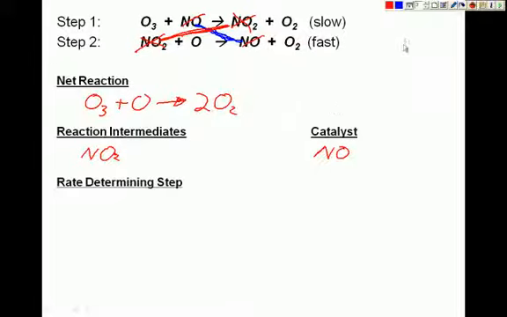Anytime your line goes in this direction, this is called a reaction intermediate. Anytime your line goes in this direction, it is called a catalyst.